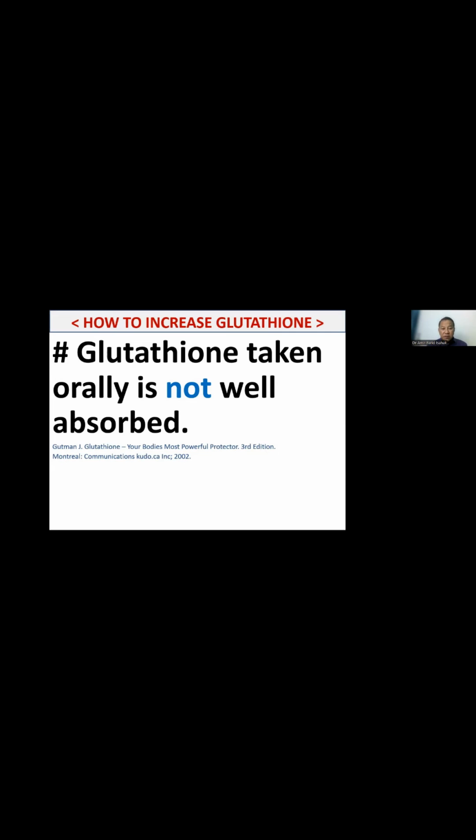It's a fragile molecule that just gets digested. So what do we do? Scientists have found that we can help our cells reboot their rate of manufacturing glutathione, and all you have to do is provide the precursor cysteine.